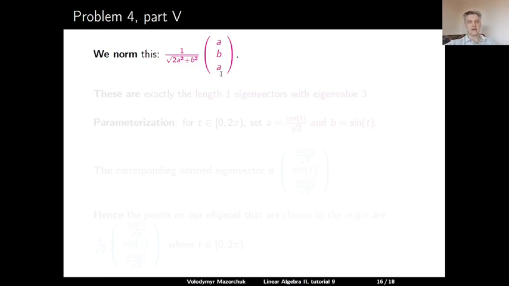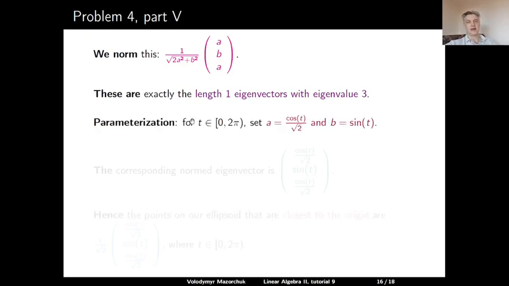For various a and b, these are exactly the length 1 eigenvectors with eigenvalue 3 for our matrix. So let's parameterize them for an angle t between 0 and 2 pi. We set a to be cos t divided by the square root of 2 and b to be sine of t. And then the square root of 2a squared plus b squared is 1.